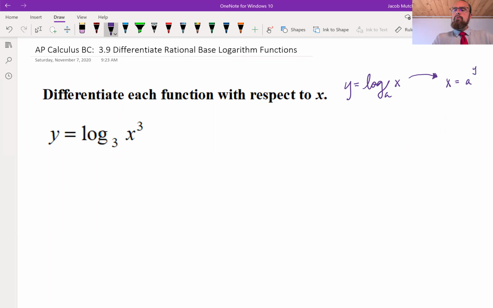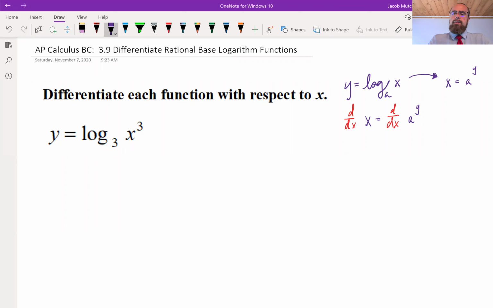So to make our rule, I want to use implicit differentiation on that exponential equivalent. So let's write the derivative with respect to x of the left side, x, equals the derivative with respect to x of a to the power of y.